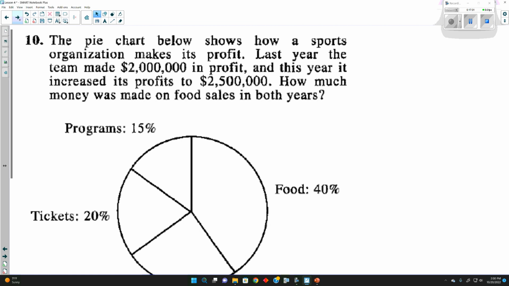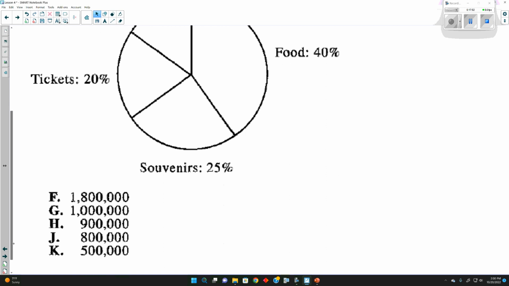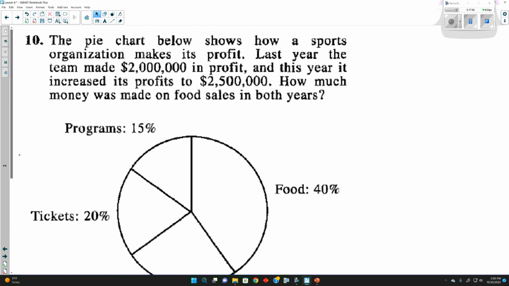The pie chart below shows how a sports organization makes its profit. Last year, the team made $2 million in profit, and this year, it increased its profits to $2,500,000. How much money was made on food sales in both years? So, how much is food? 40%, yes?